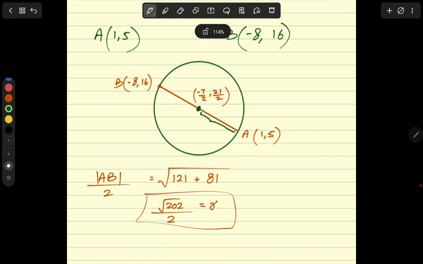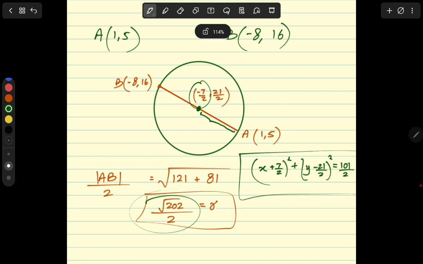So you can form the equation right away, and this is going to become x minus this, so x plus 7 upon 2 whole square plus y minus 21 upon 2 whole square is equal to this square. So this becomes 202 upon 4, which is 101 upon 2. So that is going to be the equation of a circle using just 2 points if they are the endpoints of a diameter.